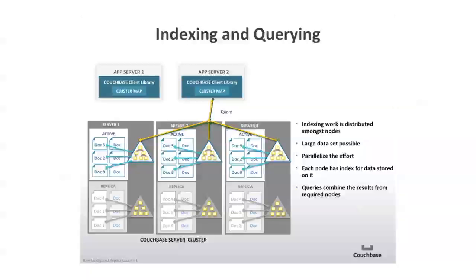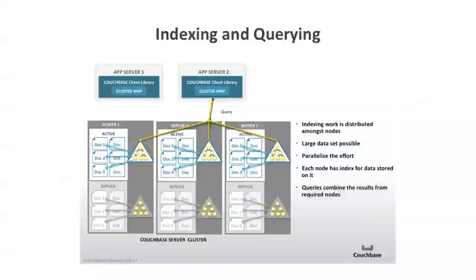When you create a view, which is essentially a JavaScript map function, it creates the materialized view for a subset of data that resides on that server. So in case of server 1, it will create the index for that piece of data. And so with server 2 and server 3.